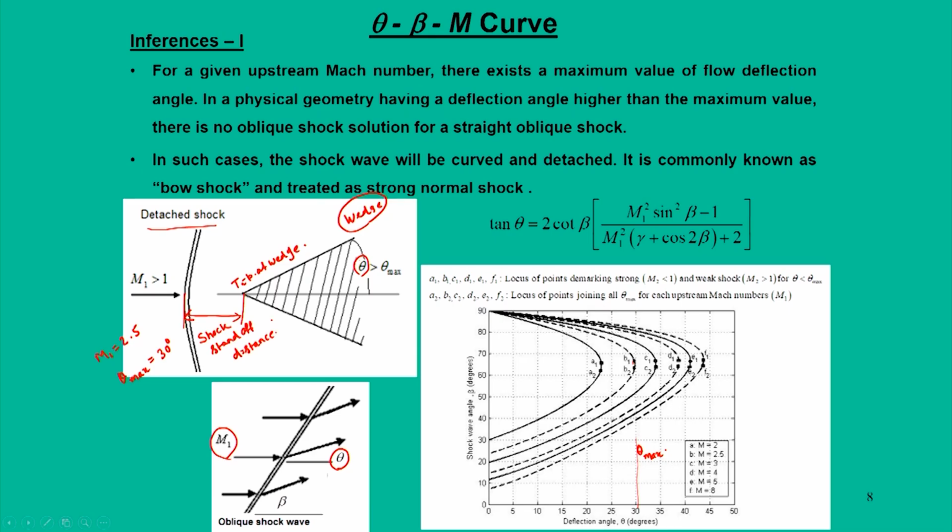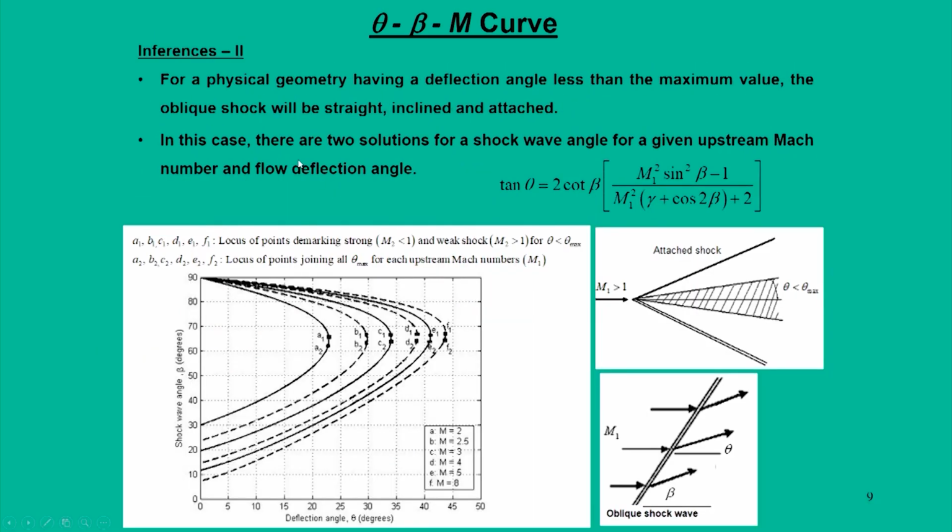In such cases the shock wave will be curved and detached, and it is commonly known as a bow shock, and this bow shock behaves much like a normal shock. This is the first inference that we get.